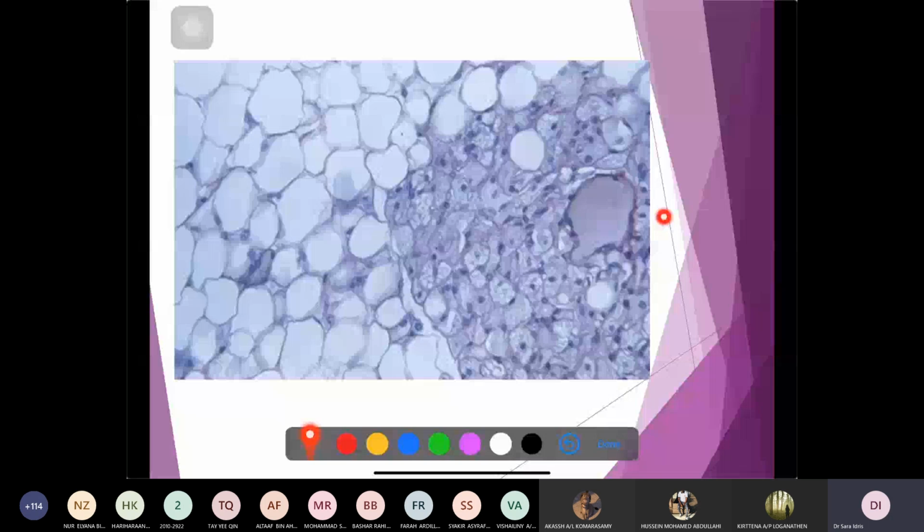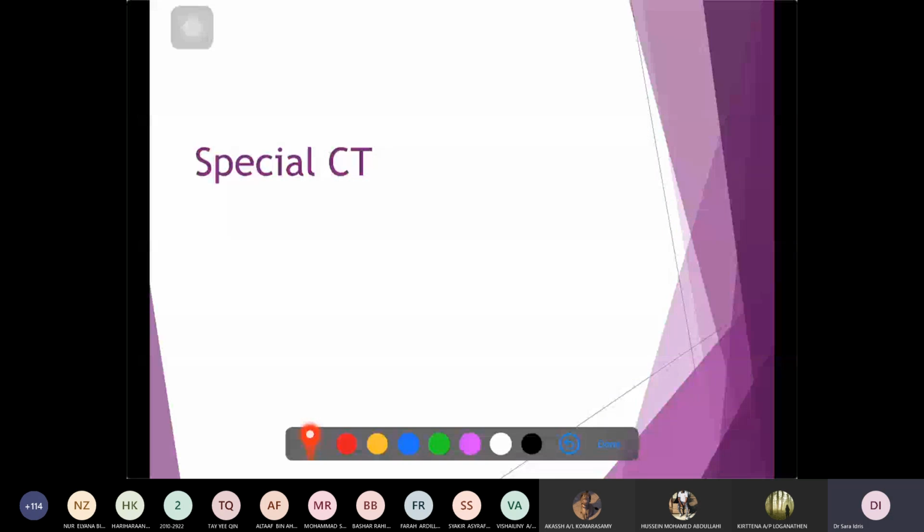All of this is brown adipose tissue, and the rest is white adipose tissue. So you can definitely see the difference between the white and brown adipocyte in how they store their lipid. White adipose tissue is unilocular; brown adipose tissue is multilocular.